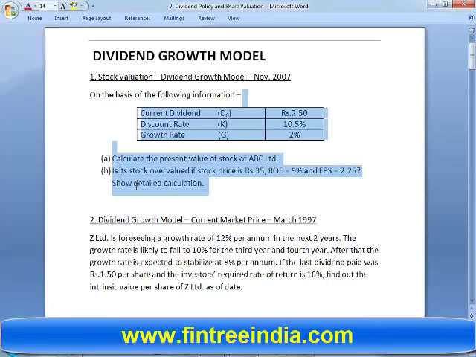So उसके नीचे लिखो EPS divided by earning yield formula. EPS divided by earning yield 10.5%. So 2.25 divided by 10.5%. How much? 21.43.